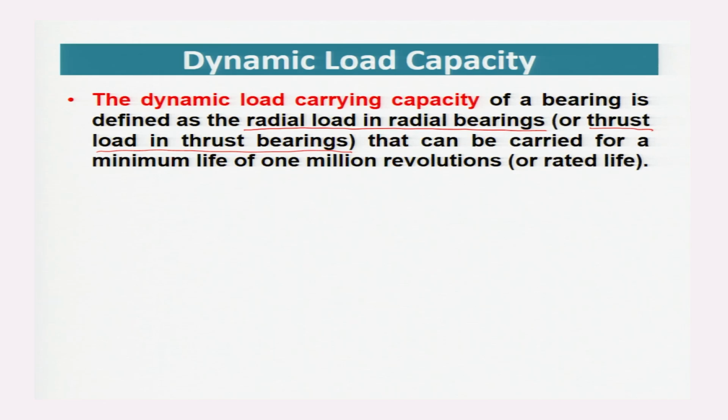The meaning of that is, you have a bearing like this, in between is the balls, and the rated life is, let's say, 1 million revolutions or 10 to the power 6 cycles of revolution.